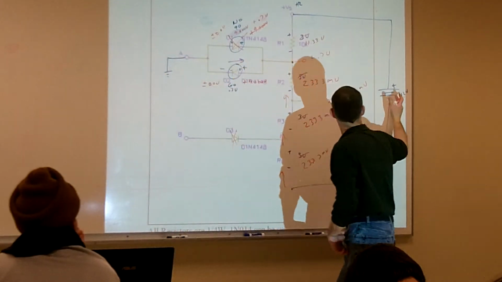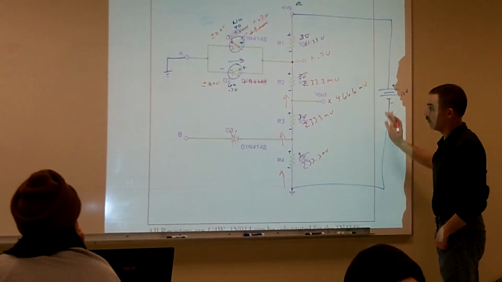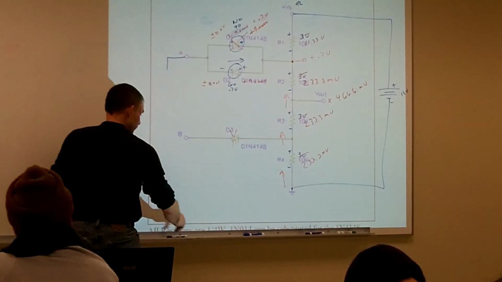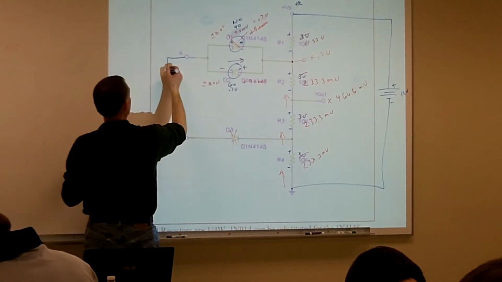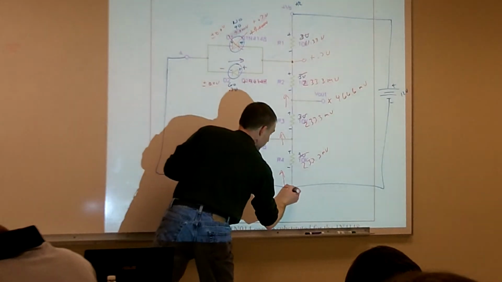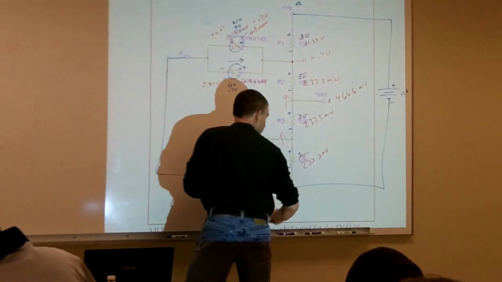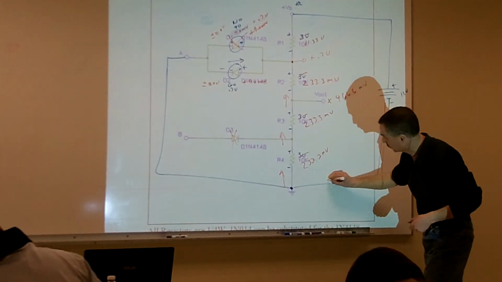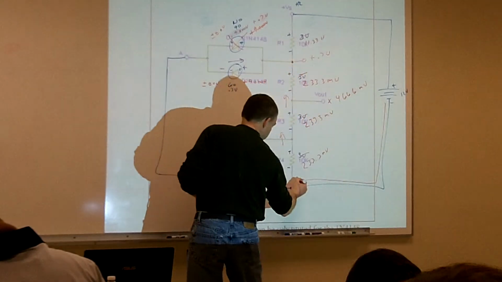Oh yeah, you're right. I forgot to draw this ground over to here. There was my first current node. Good catch, Bob. All my current is coming out of my 12 volts, but I missed the first current node here.